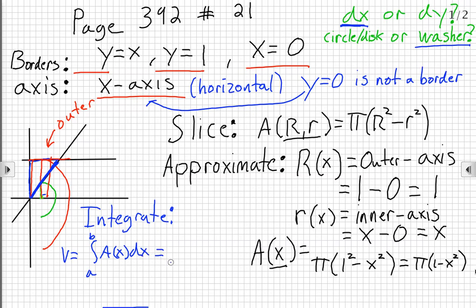In this specific case, our a value starts at 0, and hopefully we can see from our picture that b equals 1 is where the line y equals x and y equals 1 intersect, so that intersection sets our b value. And our area function we've identified as pi times 1 minus x squared dx.